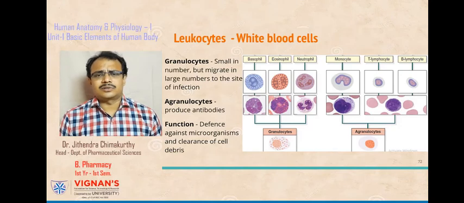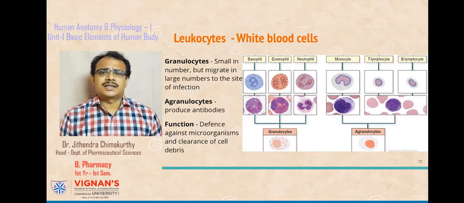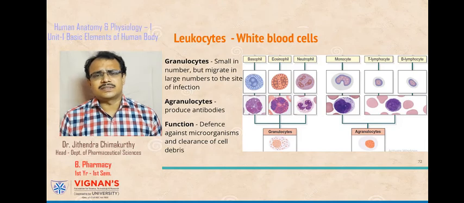Erythrocytes are also called red blood cells. Thrombocytes are also called platelets, whereas leukocytes can once again be categorized into granulocytes and agranulocytes. Granulocytes consist of granules within the cells, whereas agranulocytes do not.